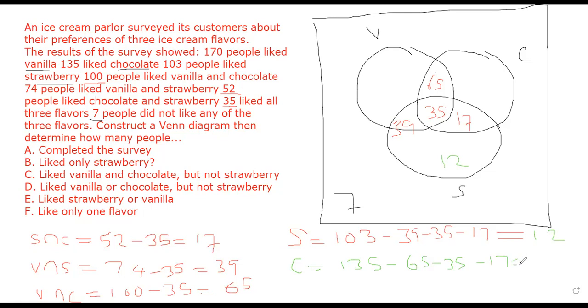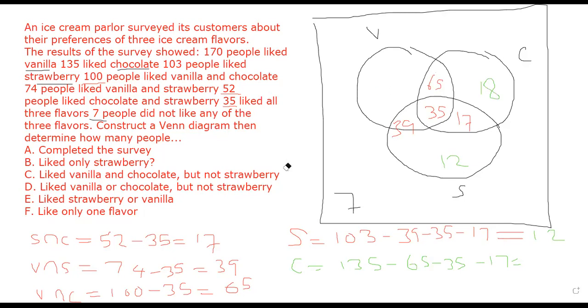What do we get? So we are getting 18. And finally, we have those that loved. So the 18 was for chocolate, 18 here, not here.